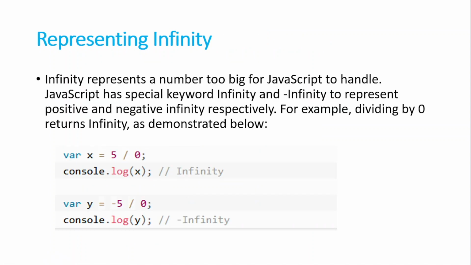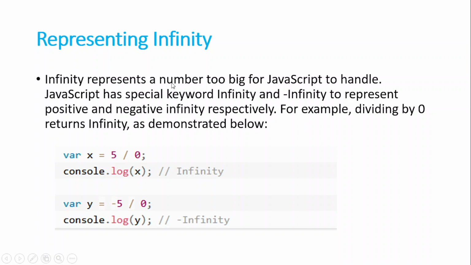We also have the infinity result, which comes when we divide something by 0, or any operation which gives us infinity as a result. You can see I'm dividing 5 by 0, so in this case we get infinity stored in this x variable, and we are console logging that.